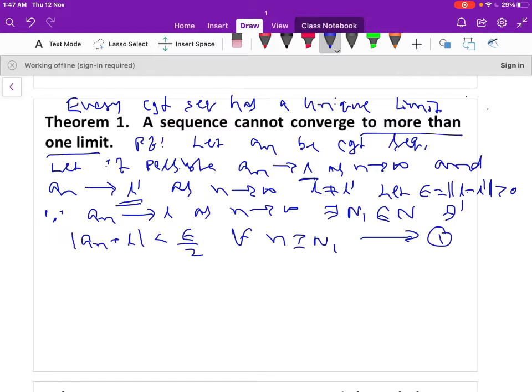This is through the definition of convergence of a sequence. So I write this as equation 1, since a_n converges to L.